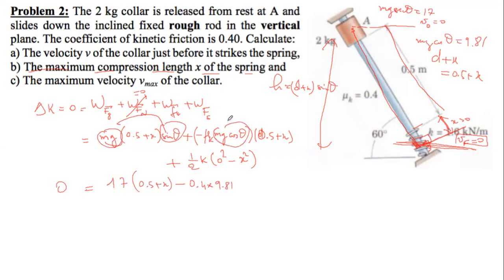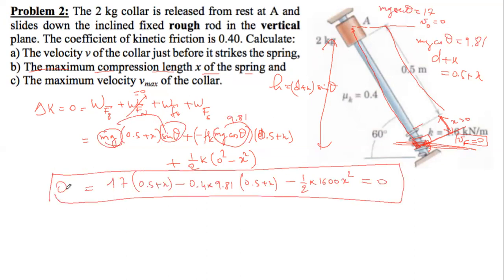So this is 9.81, and then I multiply by 0.5 plus x. Now here I will have minus half k, which is 1,600 x squared. And this has to be equal to 0. So this is what I have to solve.